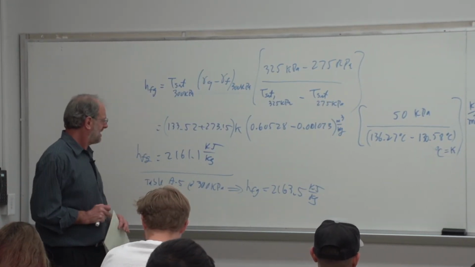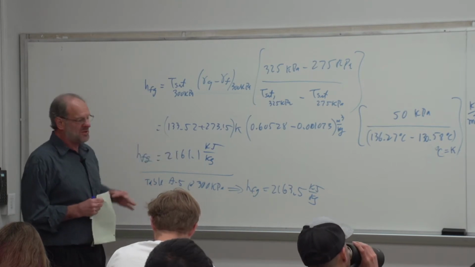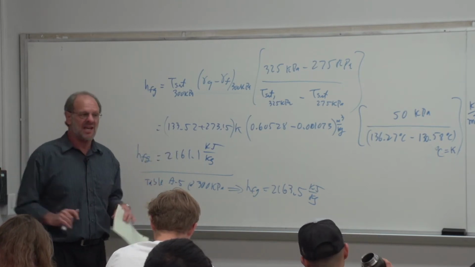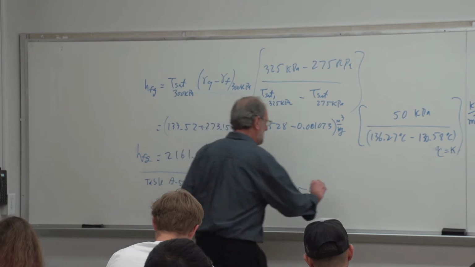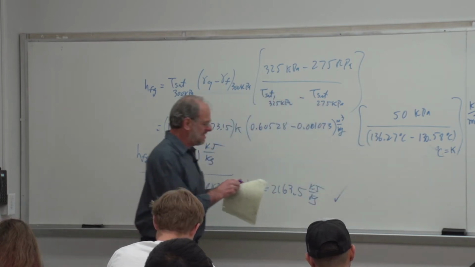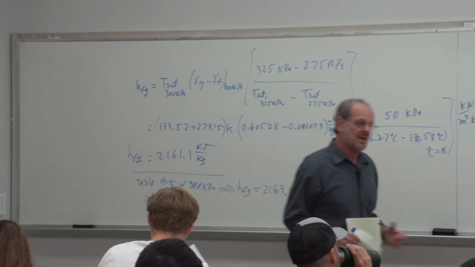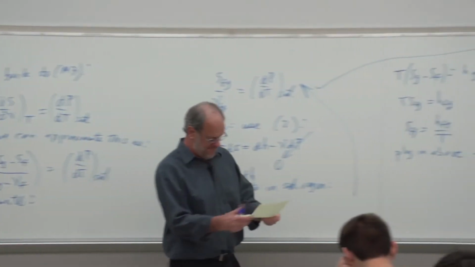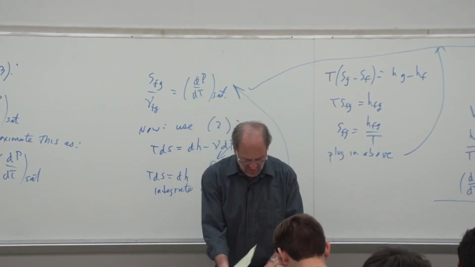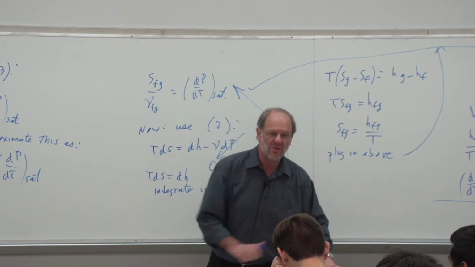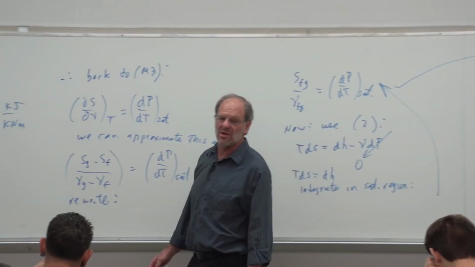So, nonetheless, I would conclude that these numbers are the same and that we've validated this particular Clapeyron equation at this particular pressure. So there is a problem that deals with thermodynamic property relations in the Clapeyron equation.